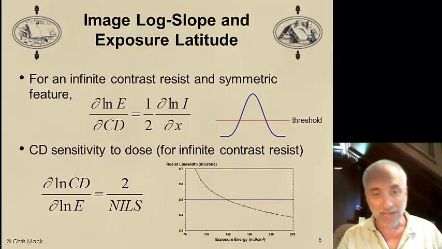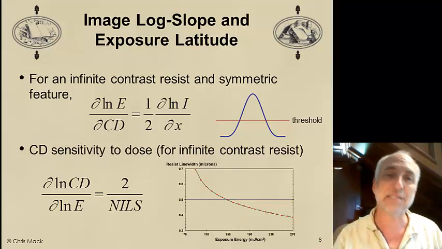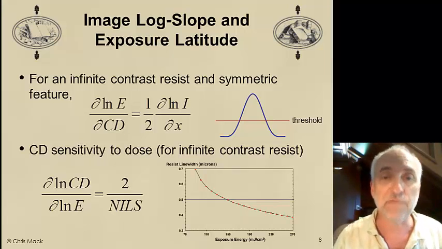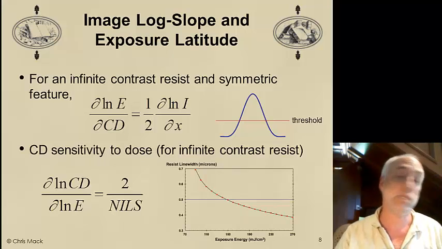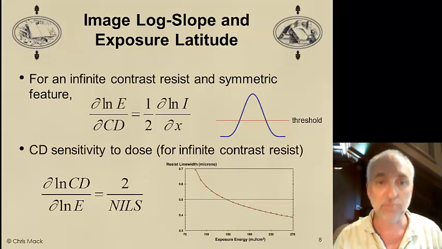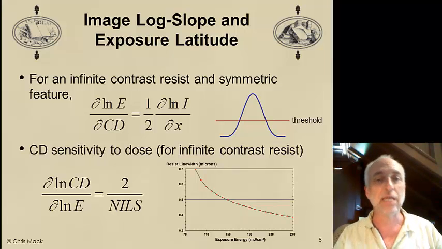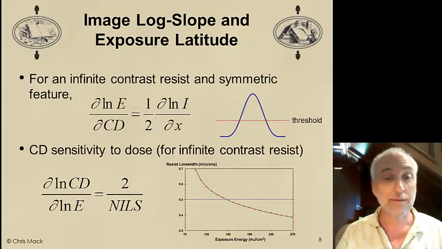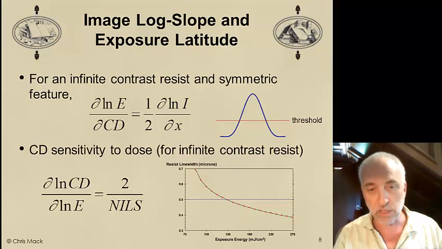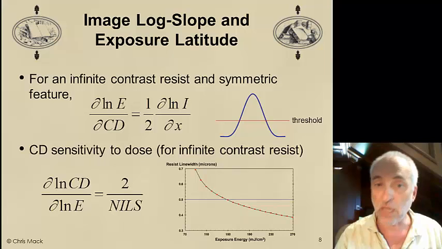For the special case, of course the unrealistic case, the case that never really occurs, but for the special case of an infinite contrast resist. We don't have infinite contrast resists. We would like to, but we can't buy them. They cost an infinite amount of money. So we end up with finite contrast and non-perfect photoresist, and I'll talk about the impact of the contrast in a moment.